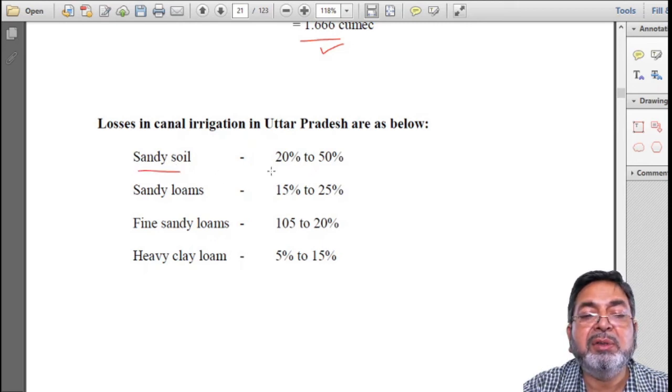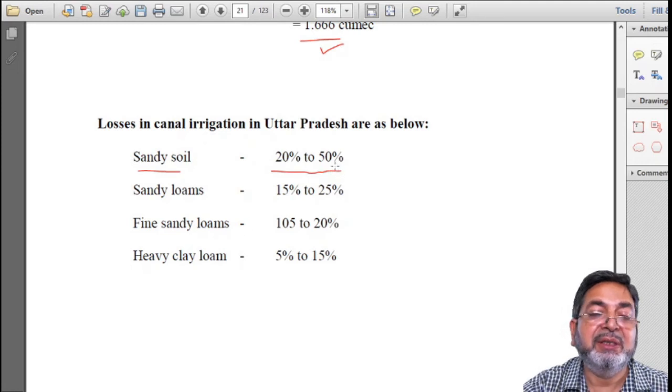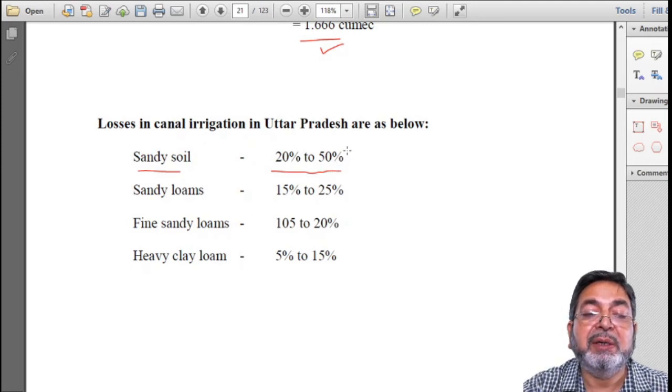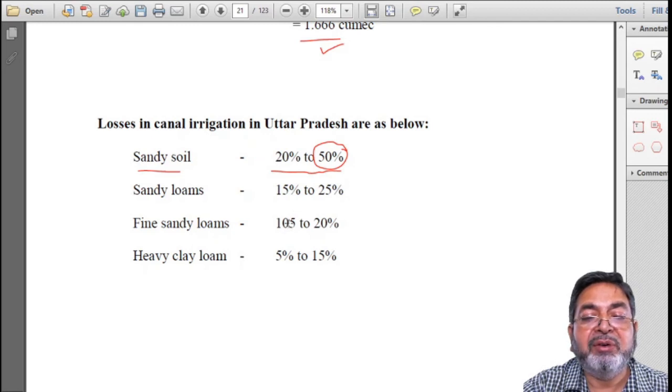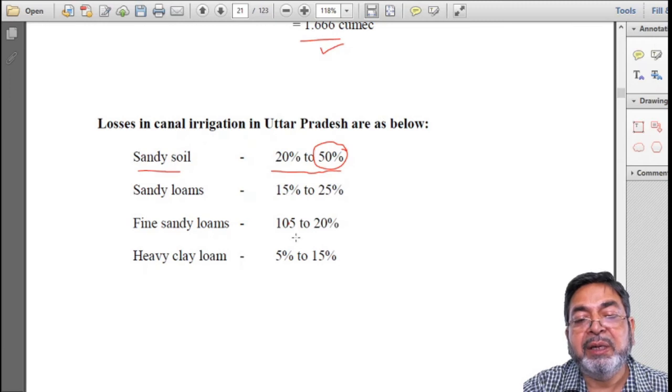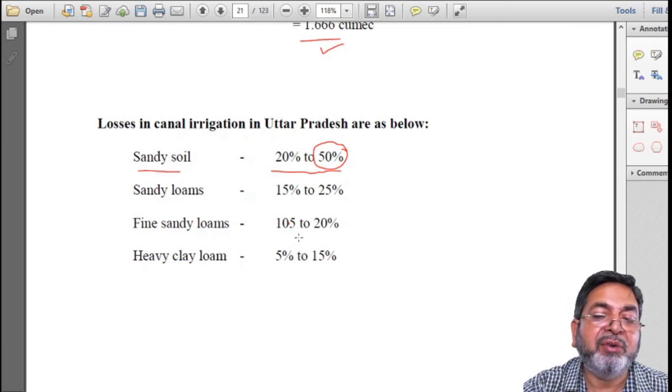What is the range of loss? 20 to 50%. 50%, you see here, means half the water which you are applying is going inside the soil, and then comes the sandy loam, and actually this is 10.5. By mistake this is written as 105, but this is 10.5, so make the correction in your notes.